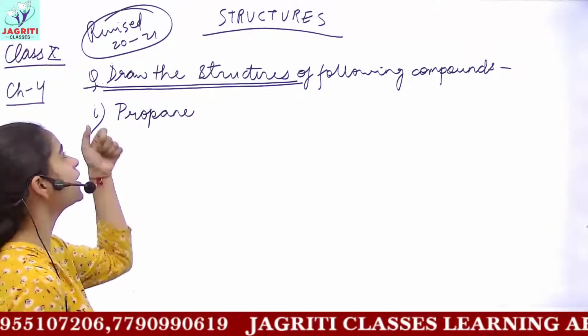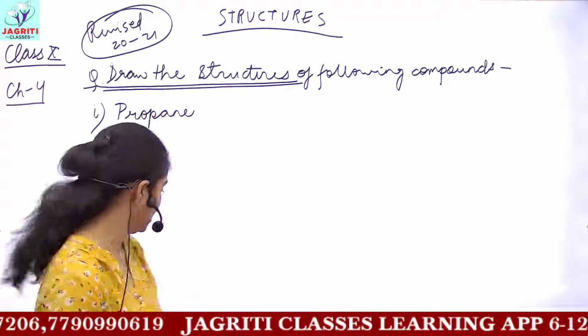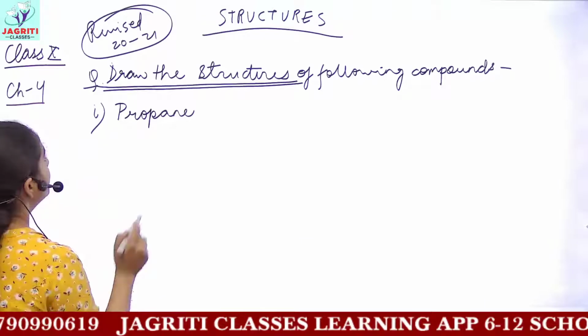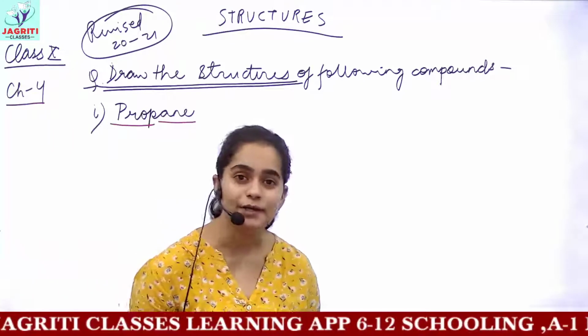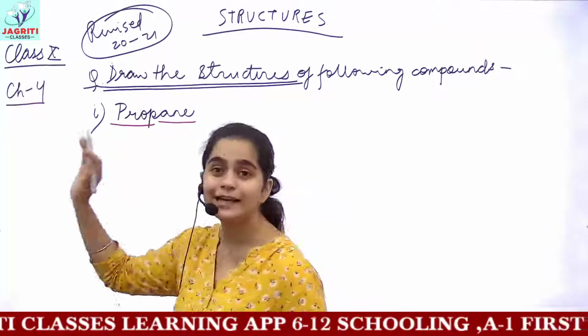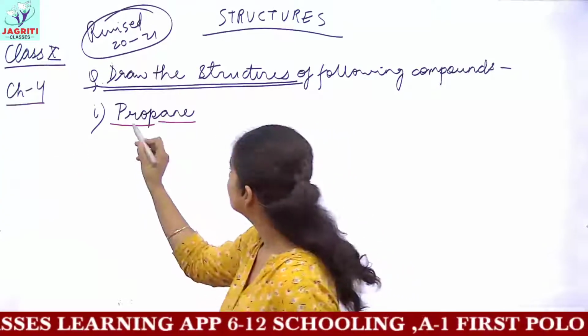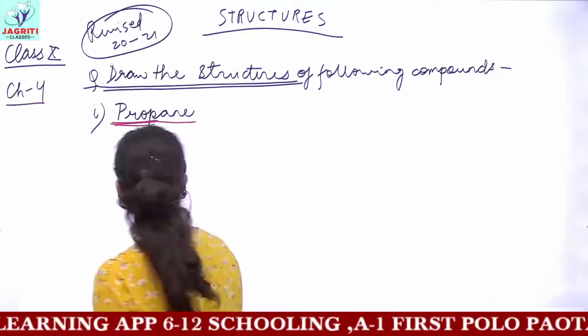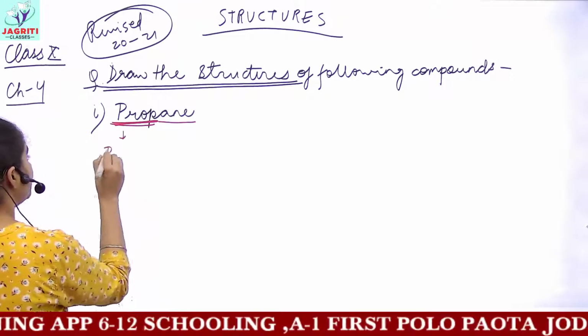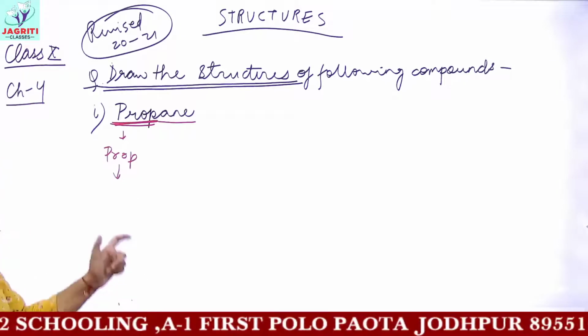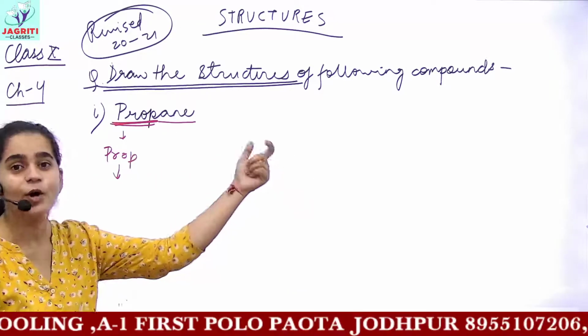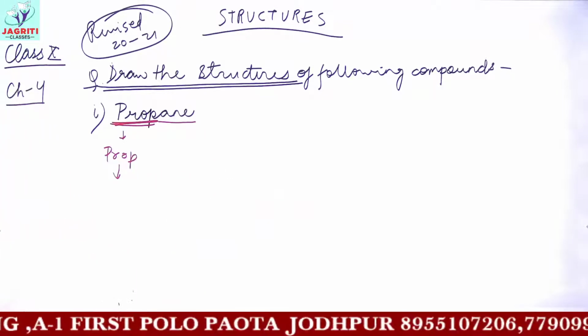Now before actually starting with the structure, what you should know is what the prefix and the suffix contain. So I told you earlier also, and I am repeating it, the prefix which is used, that is the prefix prop here, tells you the number of carbons present in your structure.